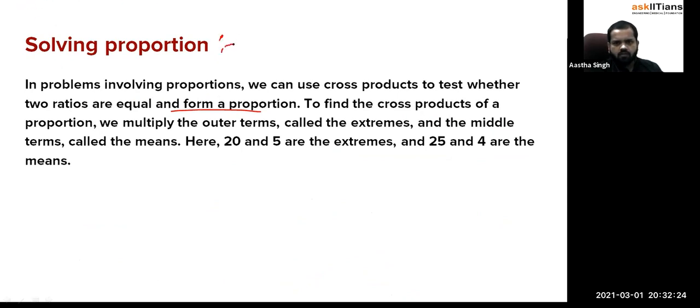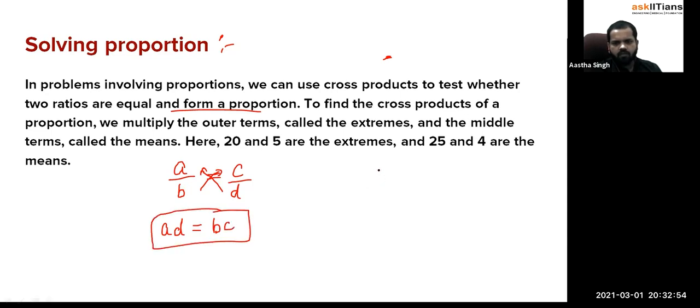Suppose two ratios are given: A upon B is equal to C upon D. How to solve it? Just cross multiply. D will go to A, so A into D will be equal to B into C.